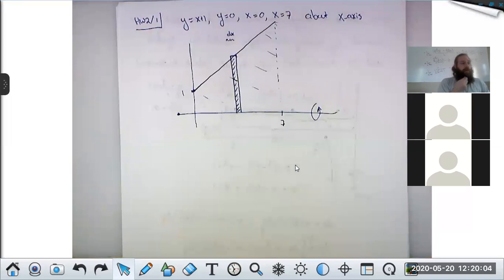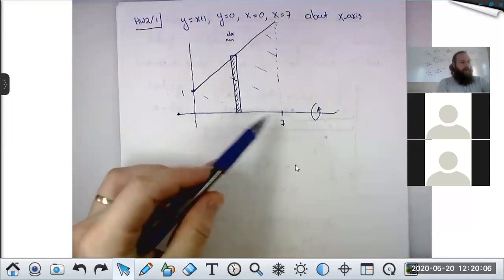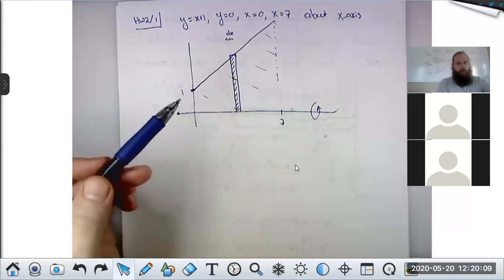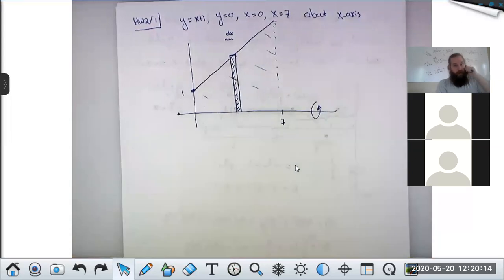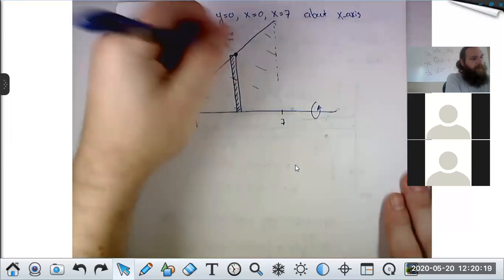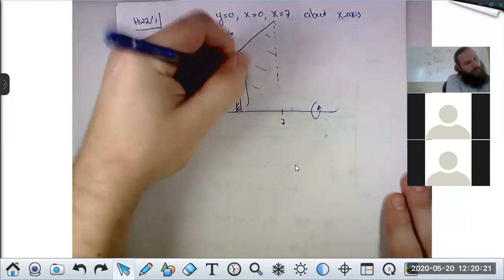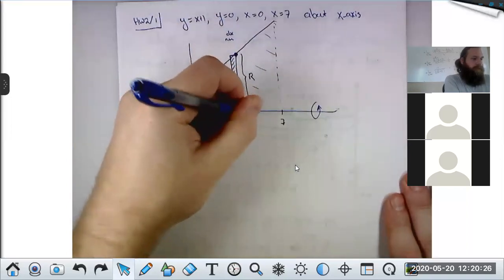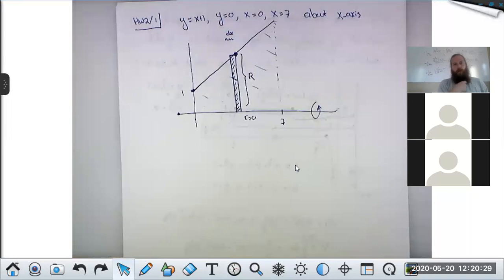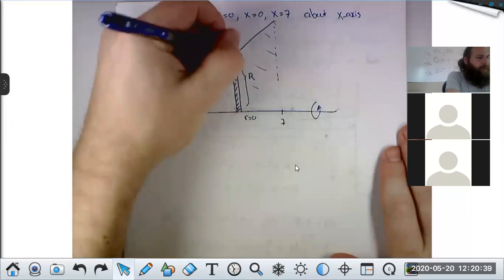And on this problem, the distance from the nearer end of the strip to the axis of rotation is 0, right? The strip extends all the way to the axis of rotation. So little r is 0, and big R is this distance. Little r is equal to 0 because the strip extends all the way to the axis of rotation. In order to figure out what the big R is, I need to characterize this point.